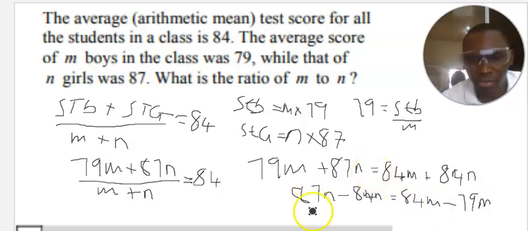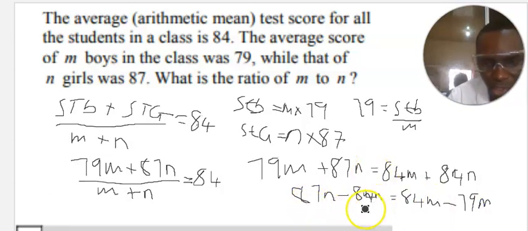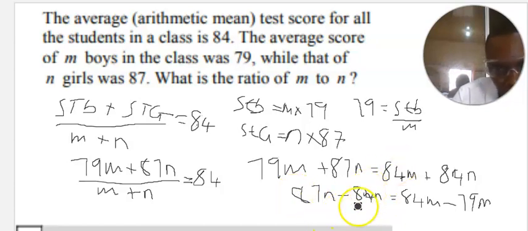So 87 minus 84 will give us 3N. And 84 minus 79 will give us 5M. So that will give us 3N equals 5M.